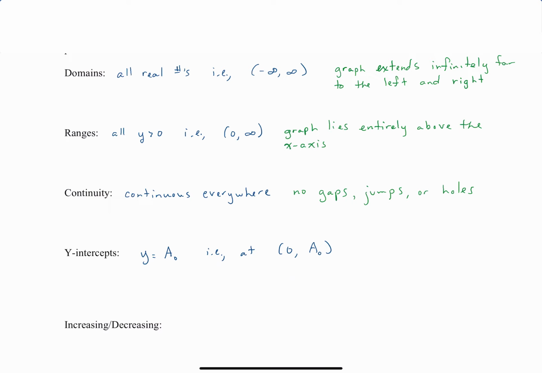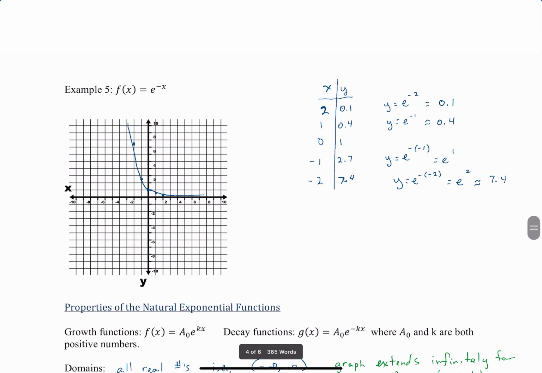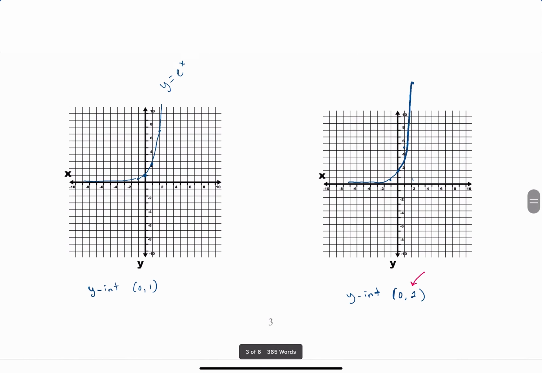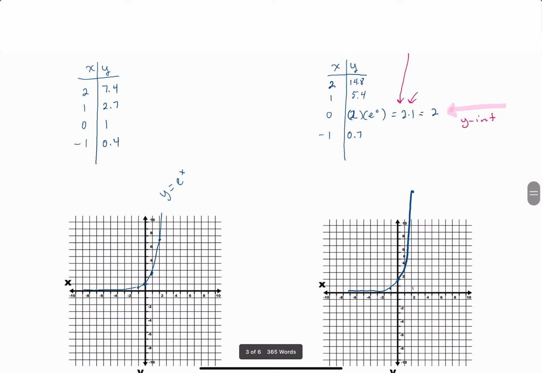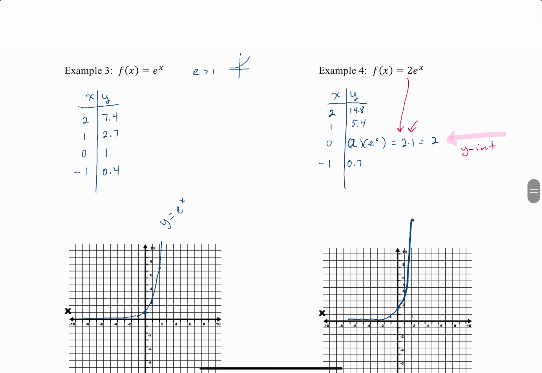And we saw an example of this when we were graphing f of x equals 2 times e to the x, and we saw that the y-intercept in that case had to be 2. And so that coefficient on the exponential function is going to give you your y-intercept.